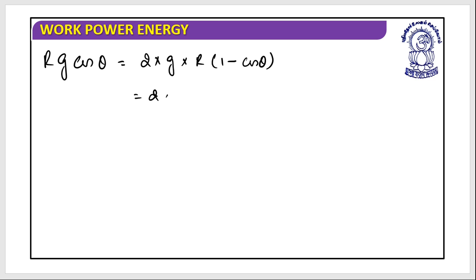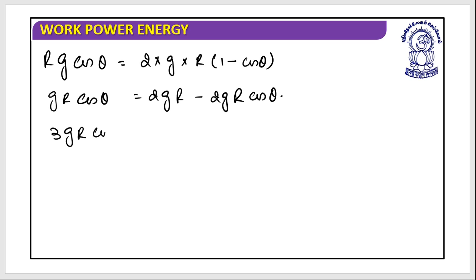So this equals 2gr minus 2gr cos theta. This equals gr cos theta. So 3gr cos theta should be equal to 2gr. The gr could be gone, and cos theta is equal to 2 by 3.